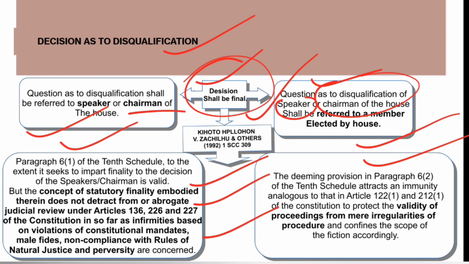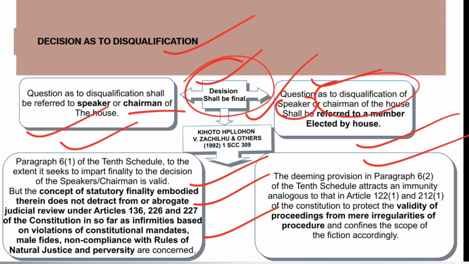But one thing is also important to understand, that there is a decision of the Honorable Apex Court. I could not produce the judgment, but it was held that when a disqualification is going on and charges are there against a member, that question is to be decided by the Speaker or Chairman itself. That decision cannot be taken by the courts.